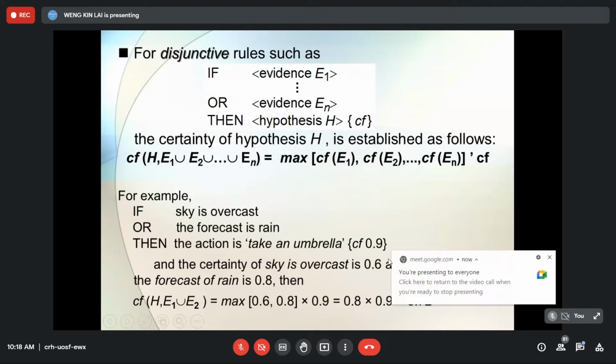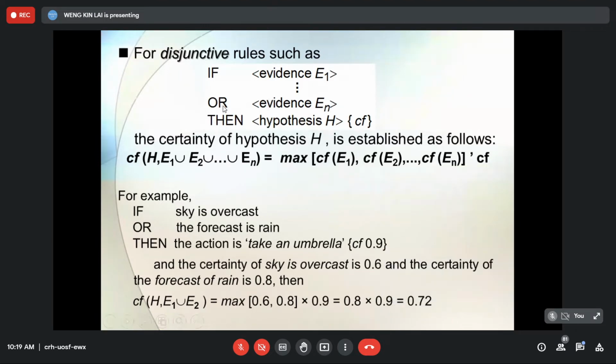So now the second set, which is your disjunction, using the disjunctive rules. What do the disjunctive rules consist of? Again, we have many different evidences, but because it's disjunction, we use the OR function. What happens is that you take the largest of the certainty factors of each of these evidences.